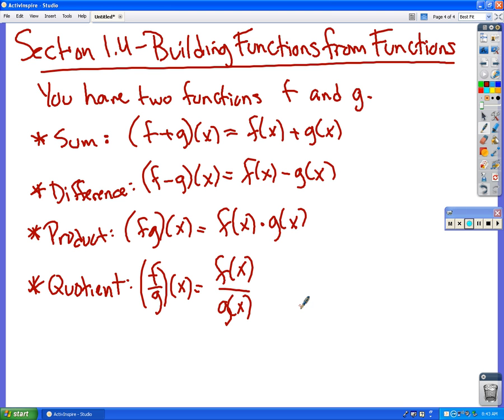What can't you have on the bottom of a fraction? A zero. It can't equal 0. Okay, you can't divide by 0. Why do you call it a quotient? That's the answer of division. It's the same thing.